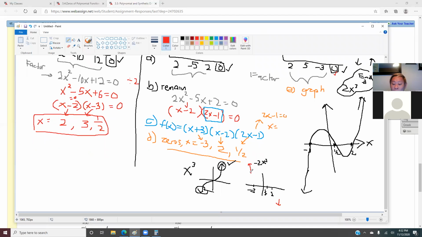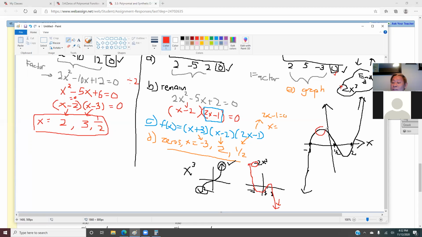So this time you will have to go all the way down here, cross this point, and then it will turn, and then it crosses the 1/2. You don't touch, it crosses, and then it turns back down and crosses that 2. So this is what happens when you have a negative. This is up here and down there. And if you have a positive, it's down here and up there. You with me here? Yeah.